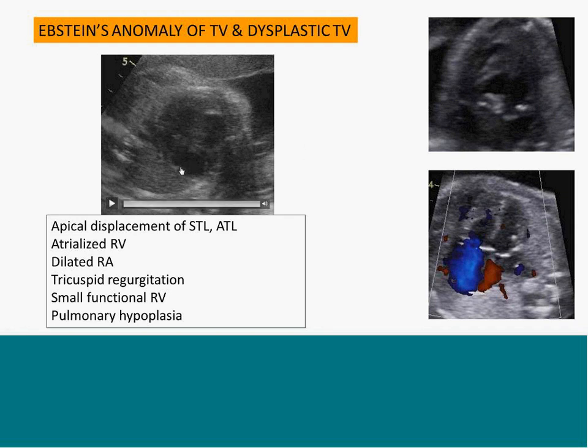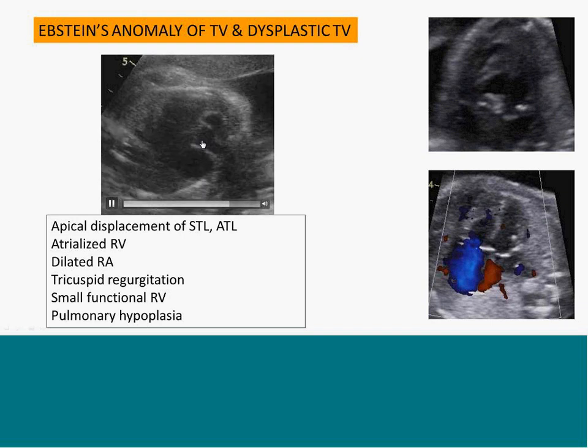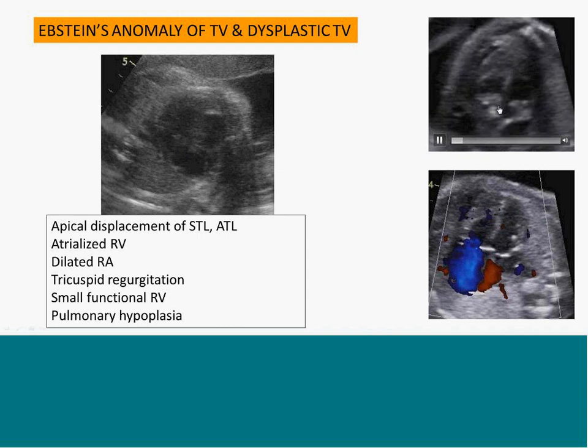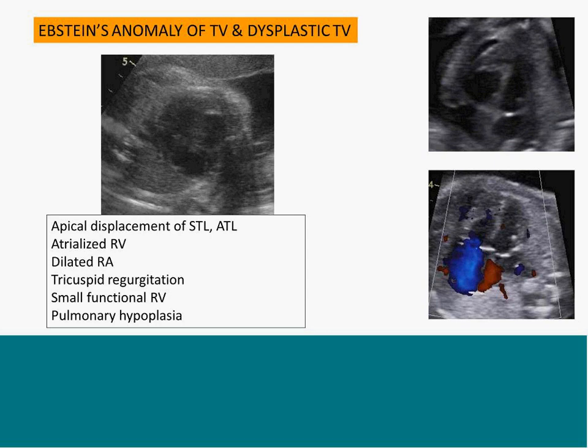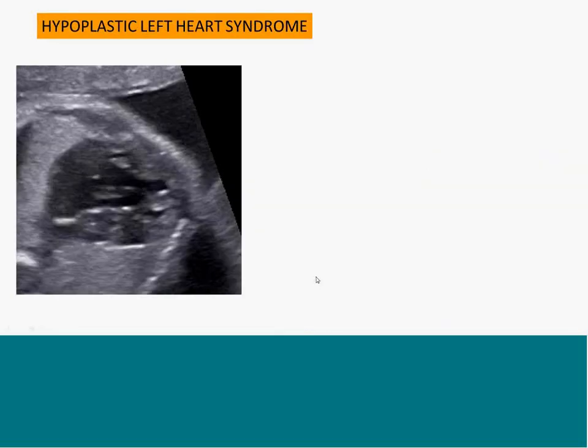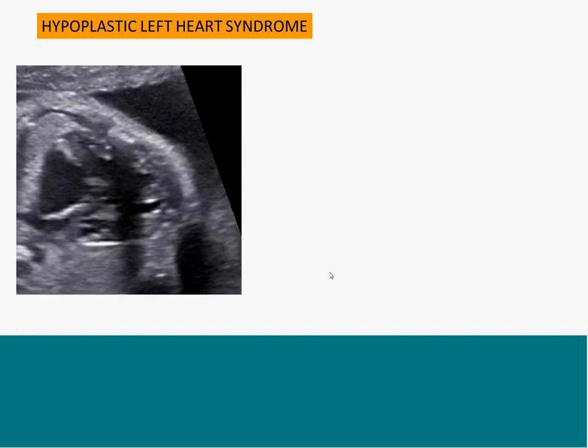Now, when you see an Ebstein's, what is important to understand is how much the functional RV cavity is, whether the size of the PO is okay, and whether you have forward flow across the right ventricular outflow tract, etc. So this is the end of all the situations where we have abnormal AV valves.